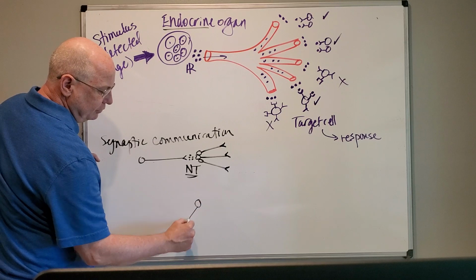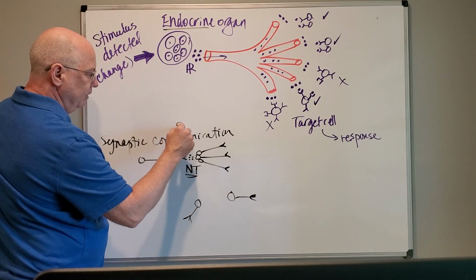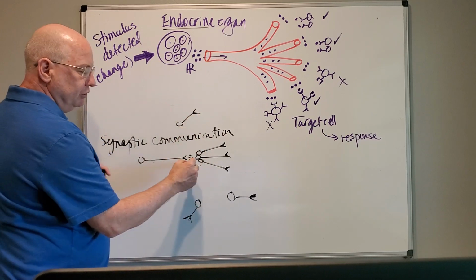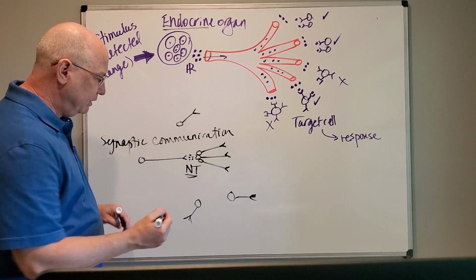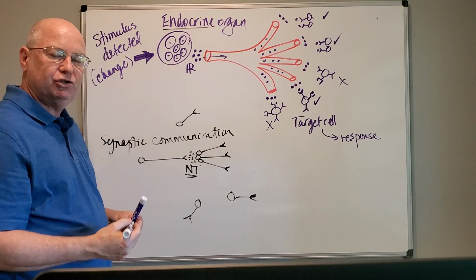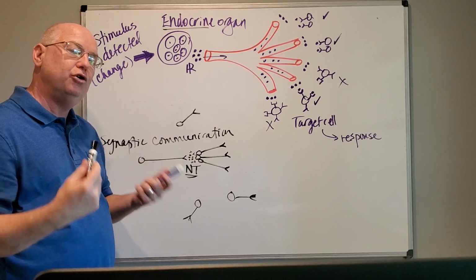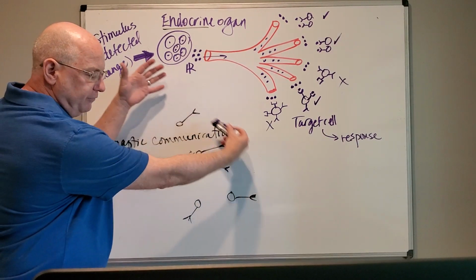If I have neurons over here, and neurons over here, and another neuron way up here, this neurotransmitter is not a very hardy or durable substance. Plus, we have enzymes in this synaptic cleft that will digest the neurotransmitter immediately.